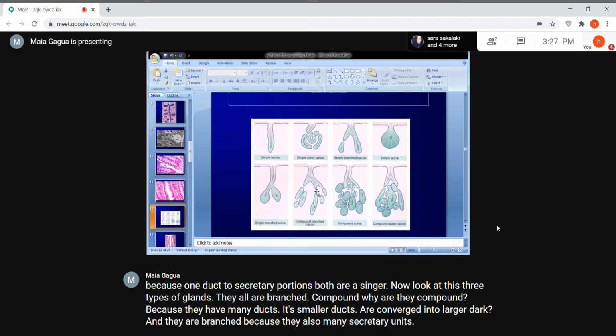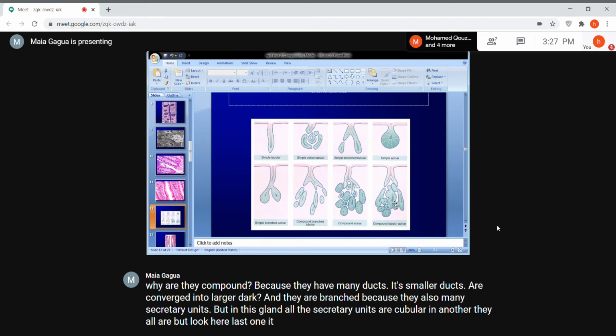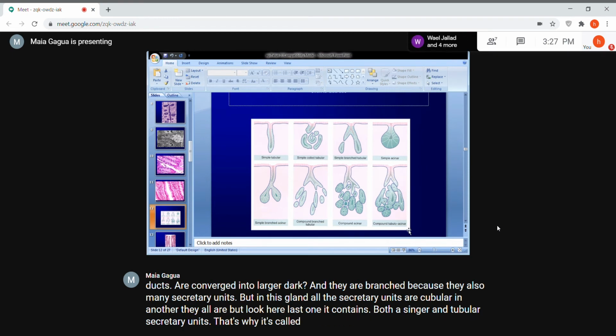In this gland, all the secretory units are tubular. In another, they all are acinar. But look here, the last one. It contains both acinar and tubular secretory units. That's why it's called tubuloacinar.